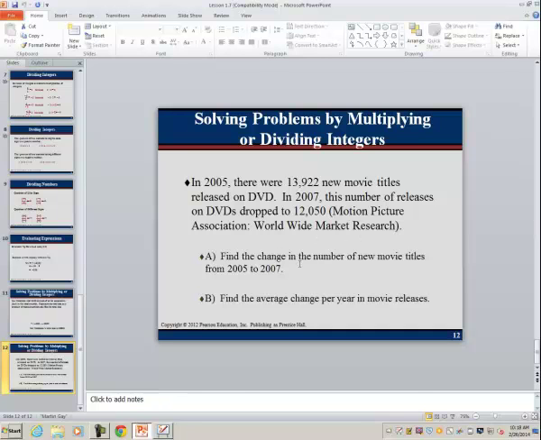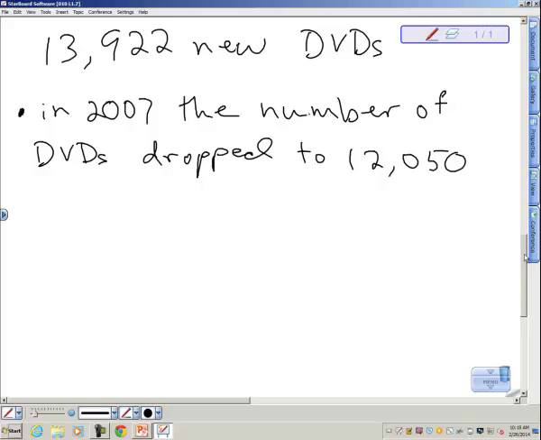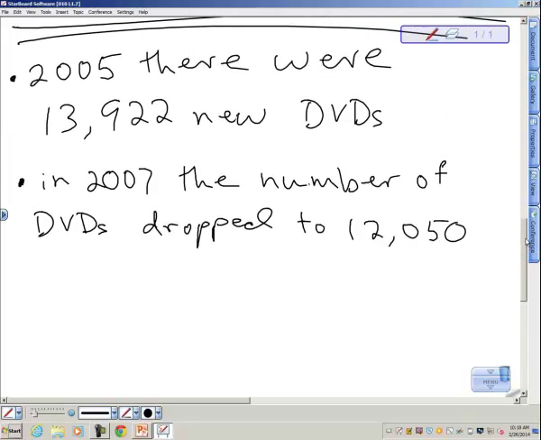All right. Find the change in the number of new movie titles from 2005 to 2007. So we know it went from 13,922 and it dropped to 12,050, but we want to know how many did we lose? Okay, so with that, what do we have to do?